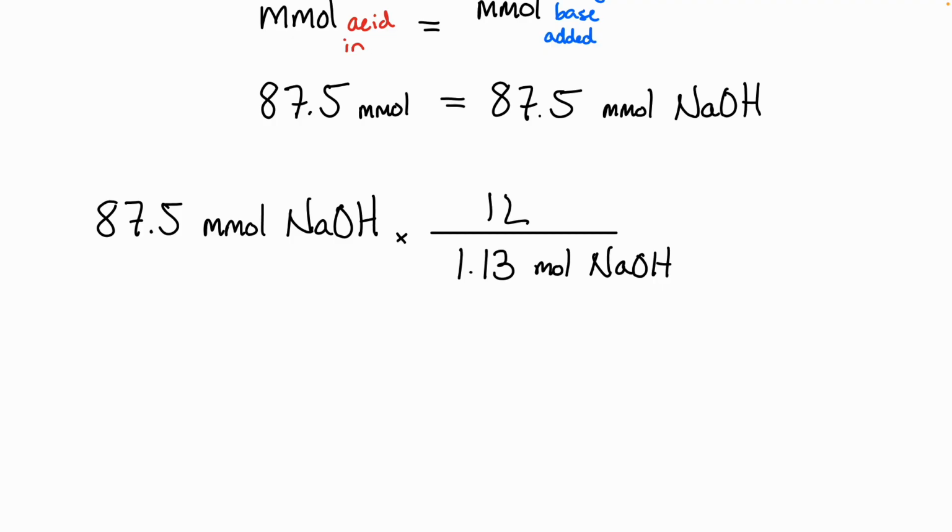And it looks like these units don't cancel out completely, but importantly, the moles do cancel out, and so what I'm left with is a volume in milliliters here. The same little trick we were using with our millimoles, we can use with our volume as well. So this takes me to 77.433 milliliters.